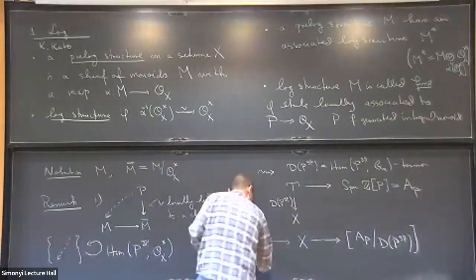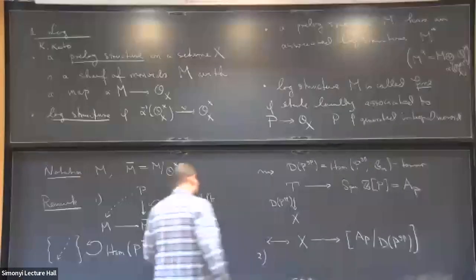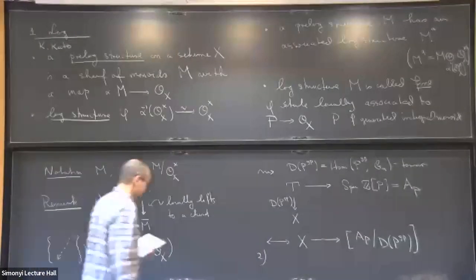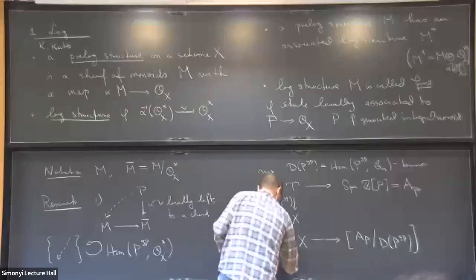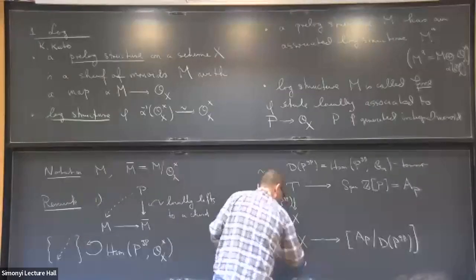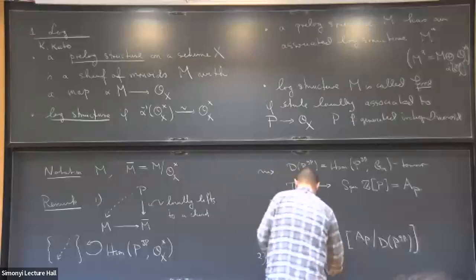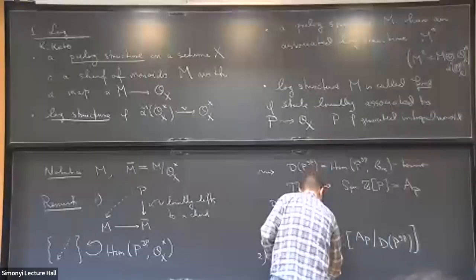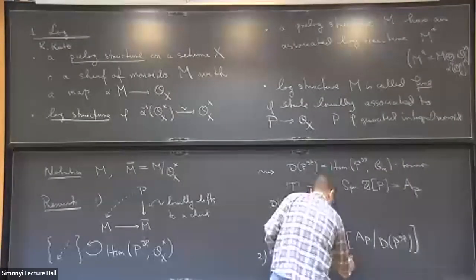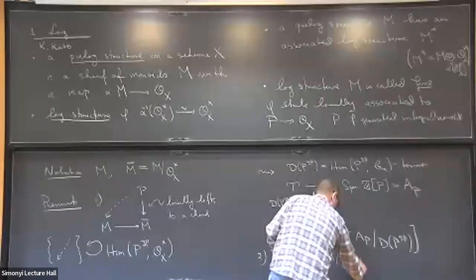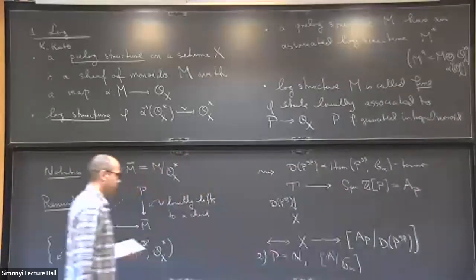If you've never seen this before, a useful case is to think about when P is equal to N, the natural numbers, in which case we're looking at the stack A^1 mod G_m.